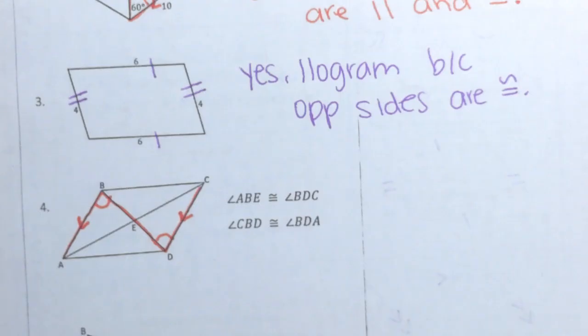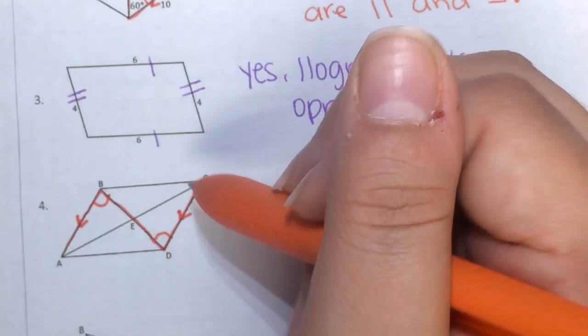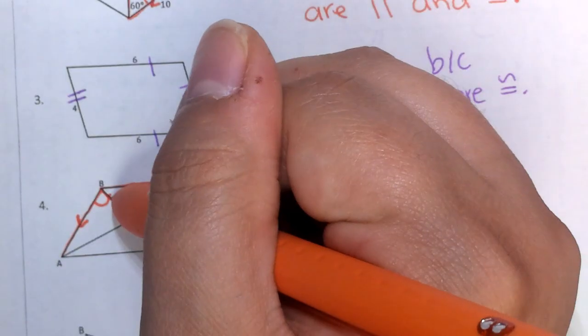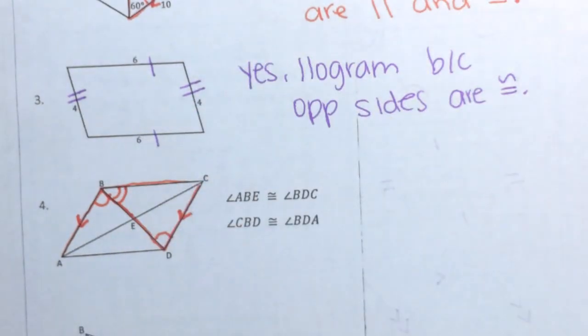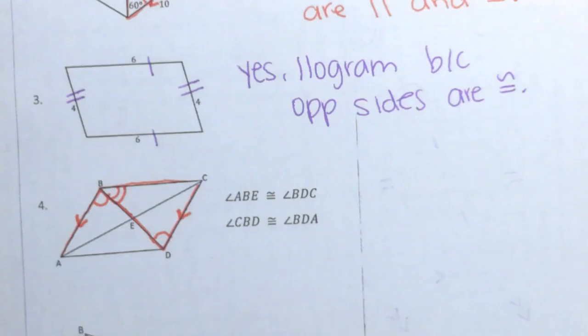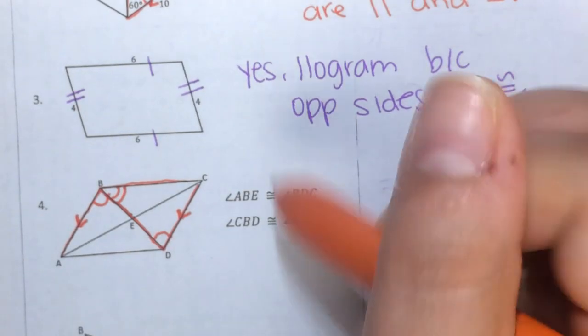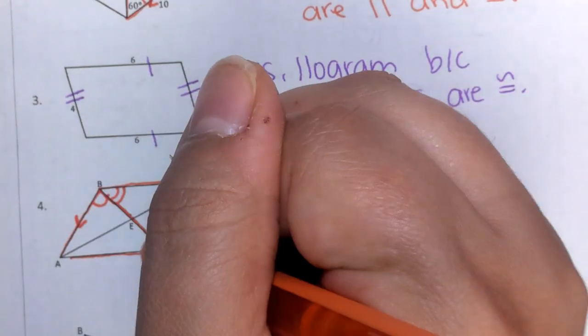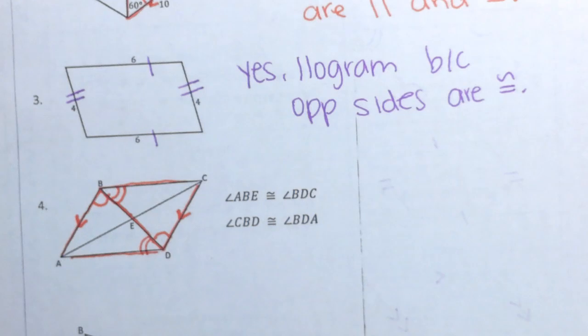All right, CBD. Start at C, go to B, go to D. I'm going to do two arches just to differentiate them. And BDA. Start at B, go to D, then go to A. Make your Z. Which two sides are going to be parallel here?